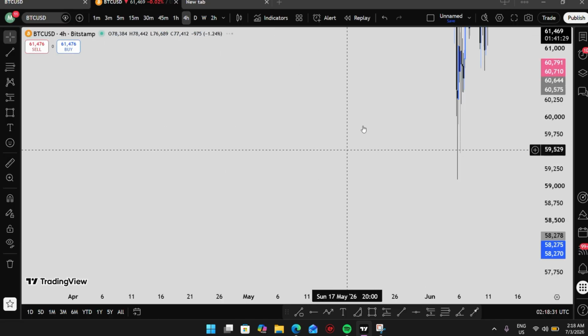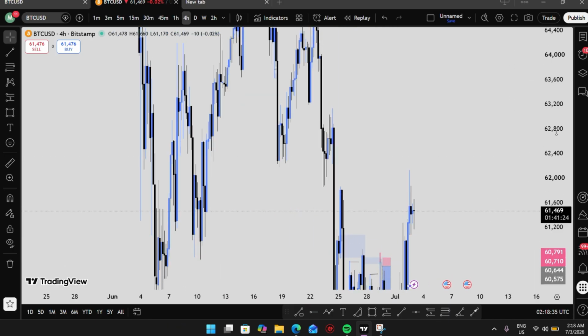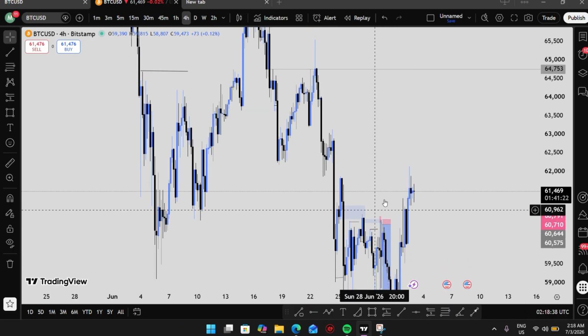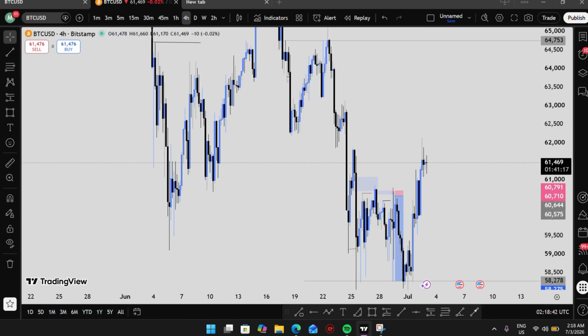Since price is bearish, what am I expecting? You can see on the 4 hour again that the market broke structure here, multiple breaks of structure.